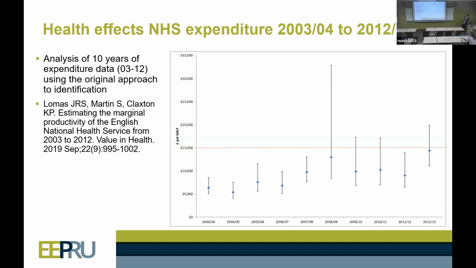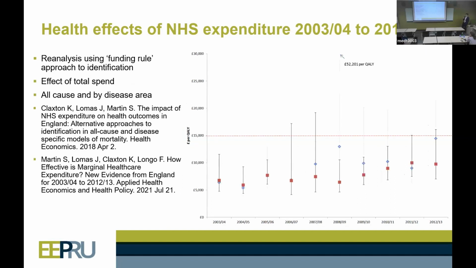So this was a sort of older identification strategy approach, as I suggested. But when we later applied this funding rule approach, where we use those three green highlighted variables as instruments for healthcare expenditure, and applied it to the same data between 2003 and 2012, you can see that these red squares are actually really quite close to those blue diamonds from that earlier study.